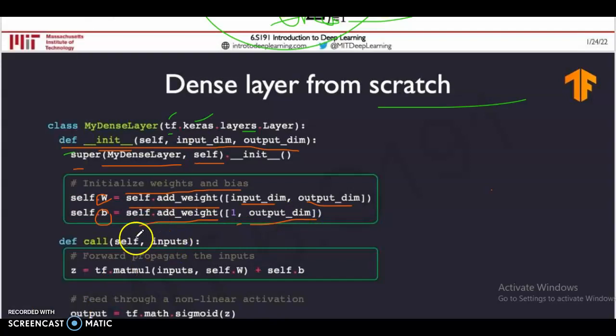Def call(self, inputs): forward propagate the inputs. Z equal to tf.matmul of inputs and self.W plus self.b. B is the same as W, also a parameter like the weight.